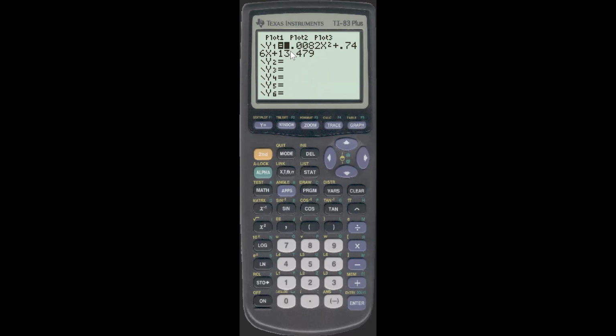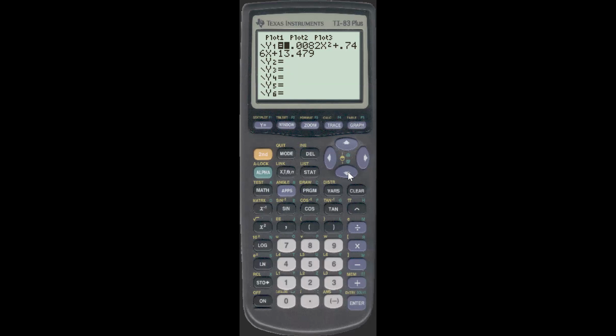I have two things graphed. We'll get rid of the second one. That's part of the problem. I didn't realize you had a second one in there. Oh, okay. Let me know when you clear that out.